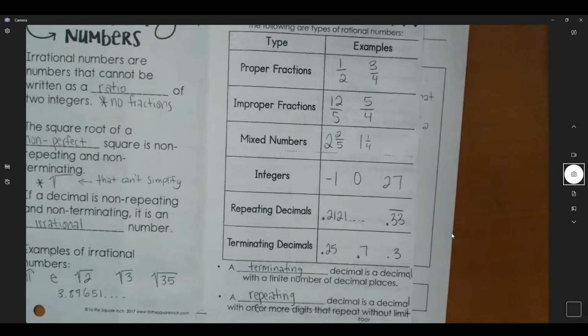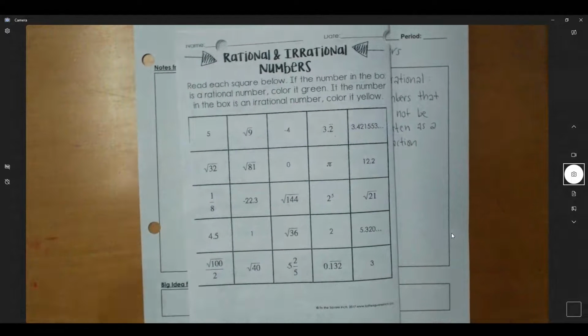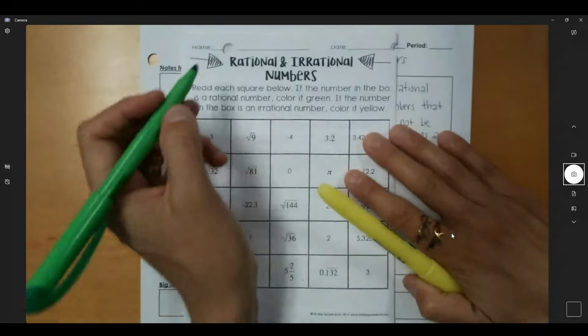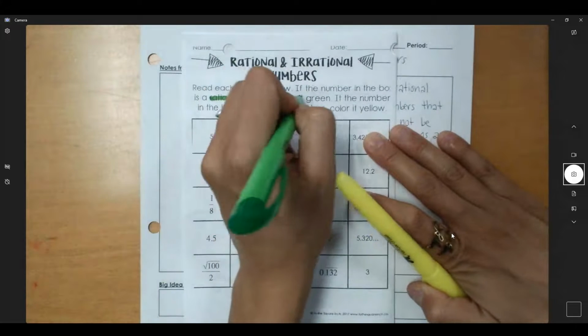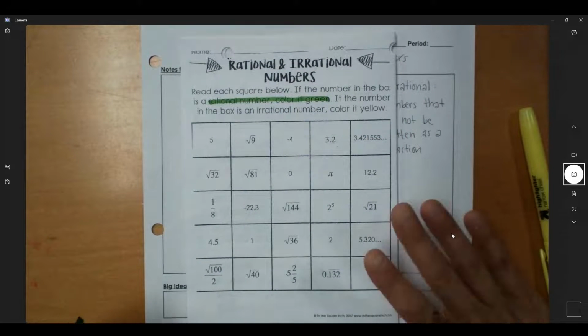Okay, and then the last one is going to be coloring examples of irrational and rational, and I'll have you guys do this on your own, but I'm going to show you a few real fast. So let's see. The number, color it green if it's rational. So a few examples of rational, remember, is anything that can be written as a fraction.